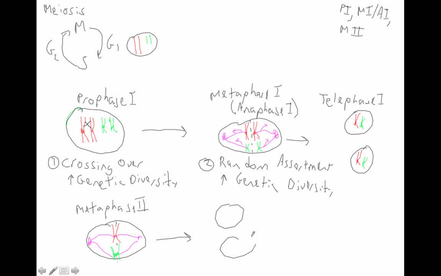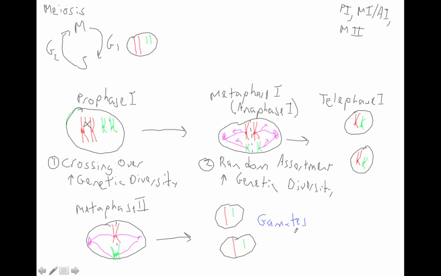I'm just going to draw two of them here. Each one will contain the large red chromosome. Now just one copy of it though, because now we generated a haploid cell. Okay, so remember, as we enter into prophase 1, these are still diploid cells. At the end of meiosis 2, we have haploid cells. And these will be the gametes, right? These are our gametes.